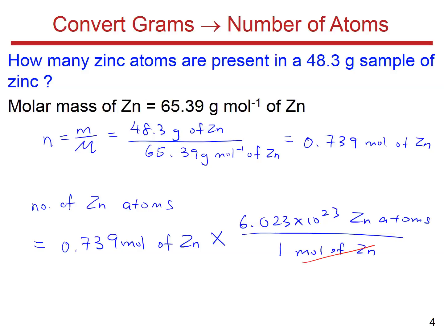If we cancel this out, that's going to give us 4.45 times 10 to the power 23 zinc atoms.